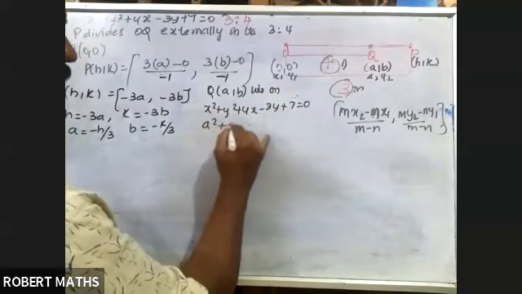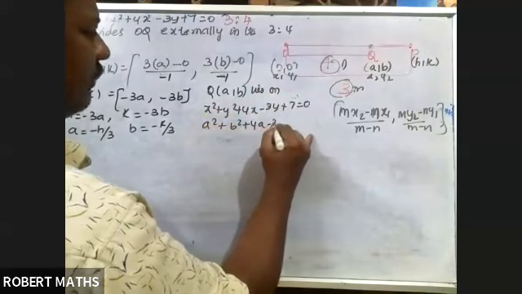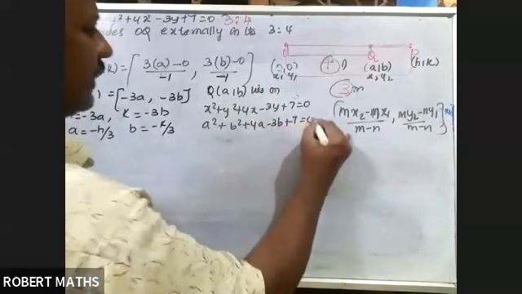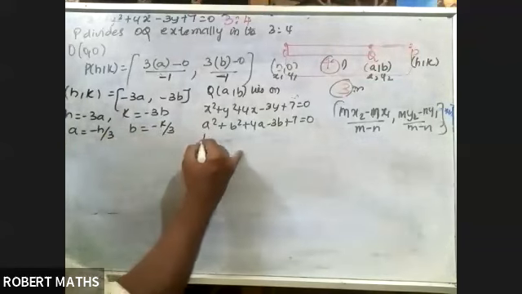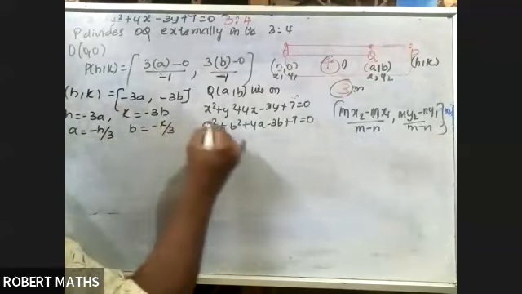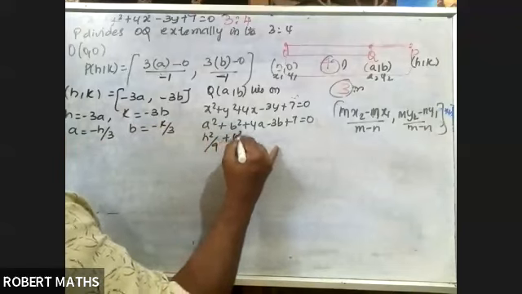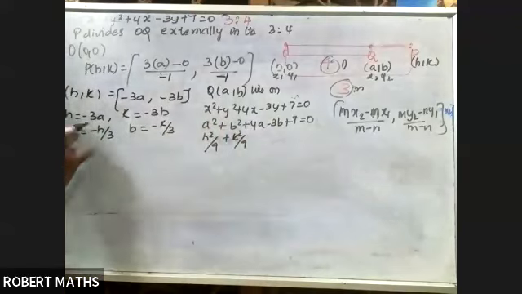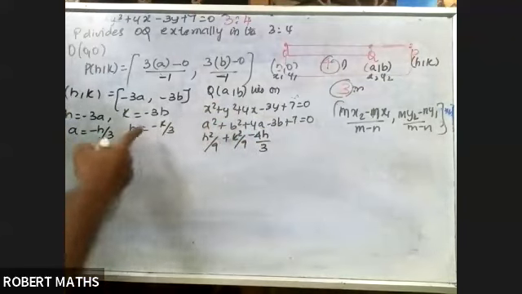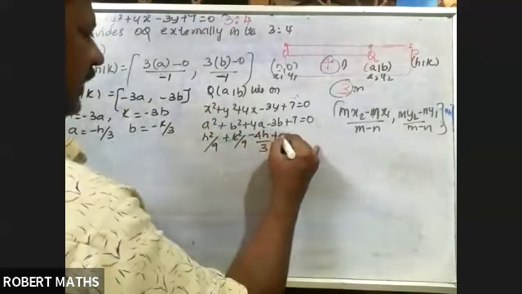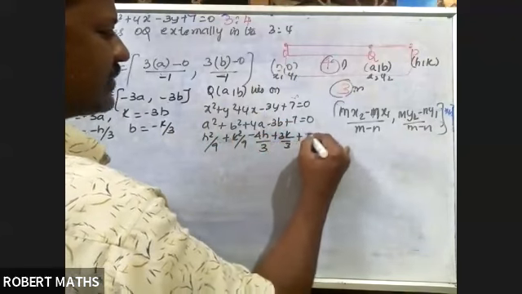Now you can write a square plus b square plus 4a minus 3b plus 7 equal to 0. Now you substitute the value: minus h by 3 square, h square by 9, minus k by 3 square, plus k square by 9, plus 4 into minus h by 3, minus 4h by 3, minus 3 into minus k by 3, plus 3k by 3, plus 7 equal to 0.